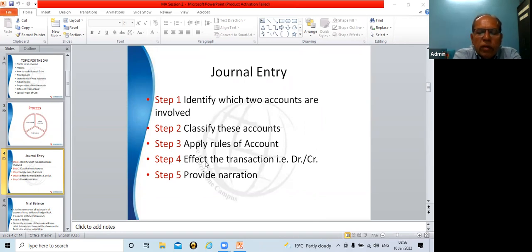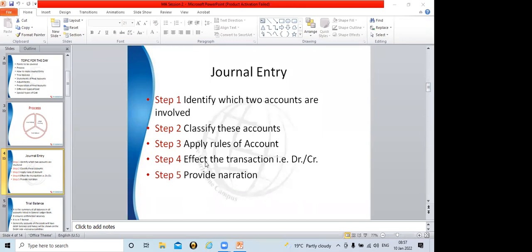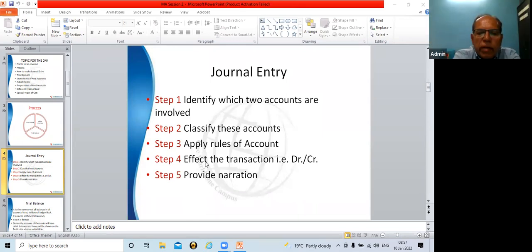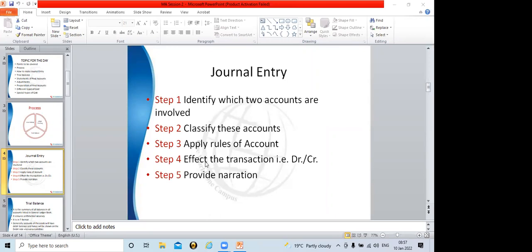Now, fan belongs to, that is an asset for the organization, because it becomes an asset. So fan is a real account, and cash and bank is also a real account. So both belong to the real account. Debit what comes in, credit what goes out.